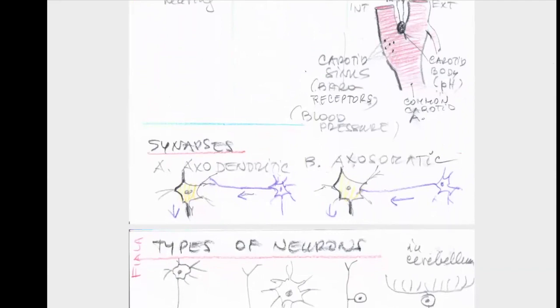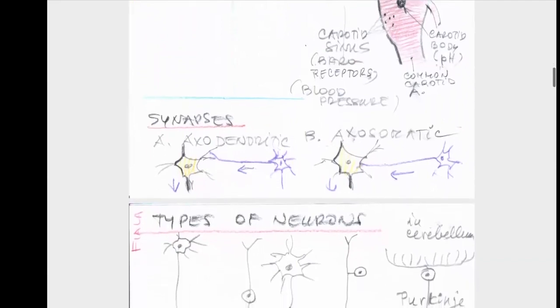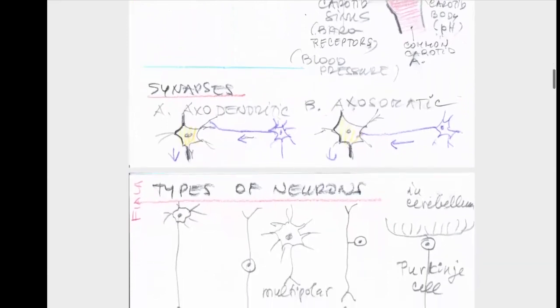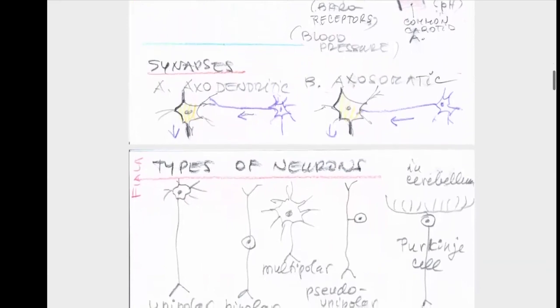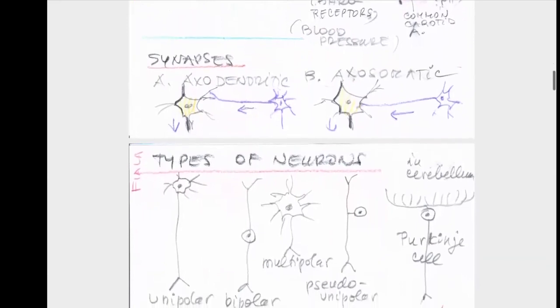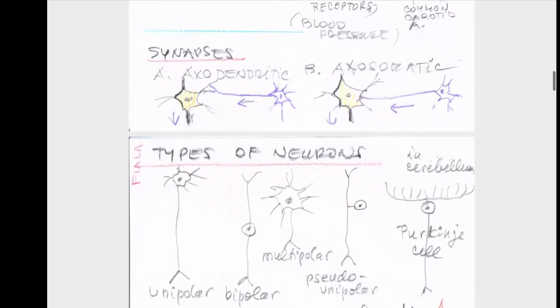That means the bluish neuron is connected to the one colored yellowish orange, and it ends at the level of the dendrite, so it's a typical axodendritic interconnection. And B means axosomatic. You can simply identify from the name that the axons end at the level of the body of the following neuron, which is colored in yellow now.